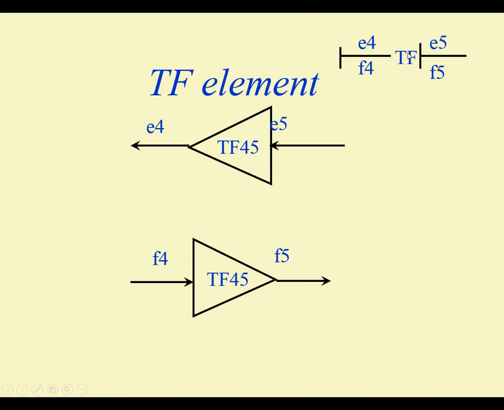So the way you read this is, if we read it from here to there, what's the input? It's F4. What is the output? And then you have the other possibility.